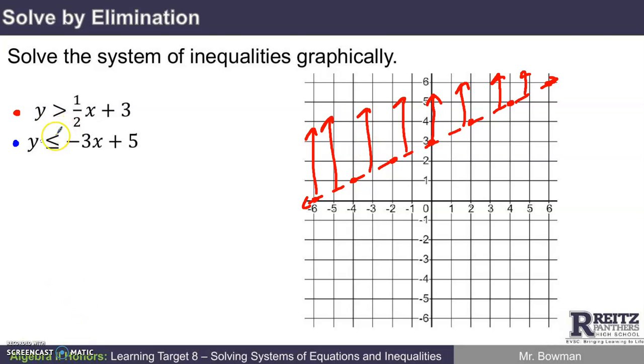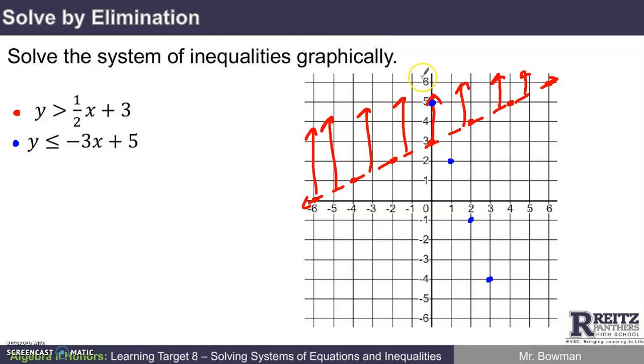If I look at y is less than or equal to negative 3x plus 5, I know the y-intercept for that is positive 5. I know that a slope of negative 3 means down 3, right 1. And I know that I need a solid boundary line here. Whoa.